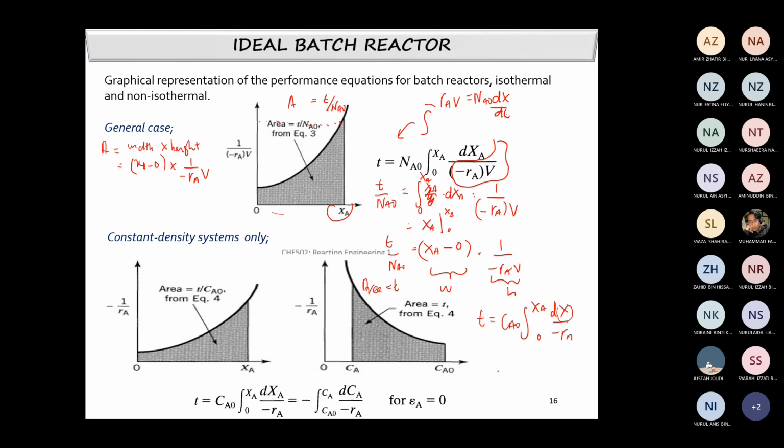So kalau in term of concentration, you will have negative integral of dCA over negative RA. Okay, so awal-awal ni yang daripada equation ni you dah kena tukar dah in term of C, sebelum you buat integration ni. Okay, nanti you try lah yang buat tu.